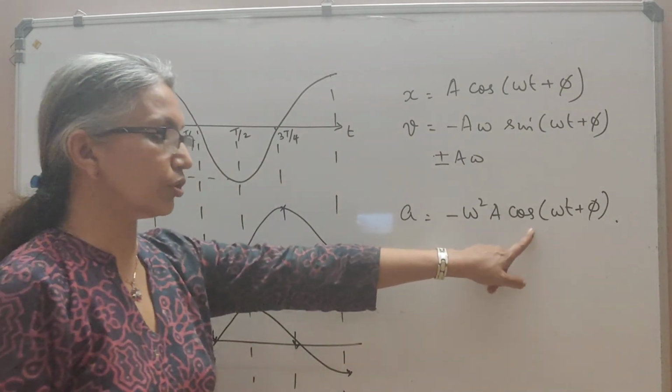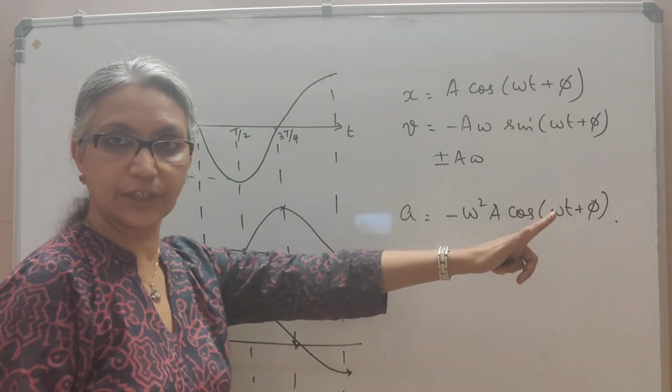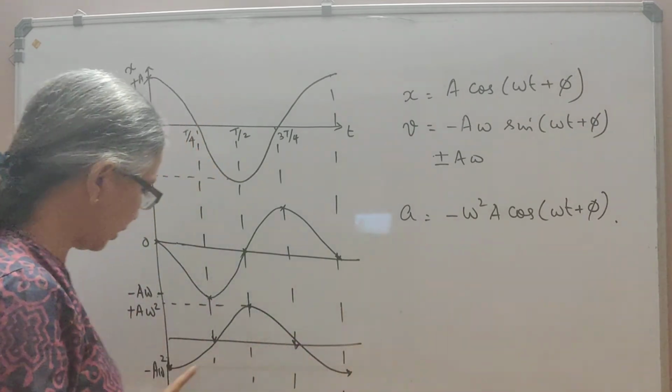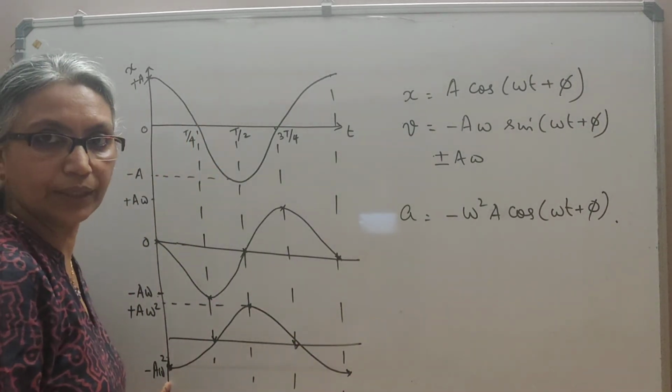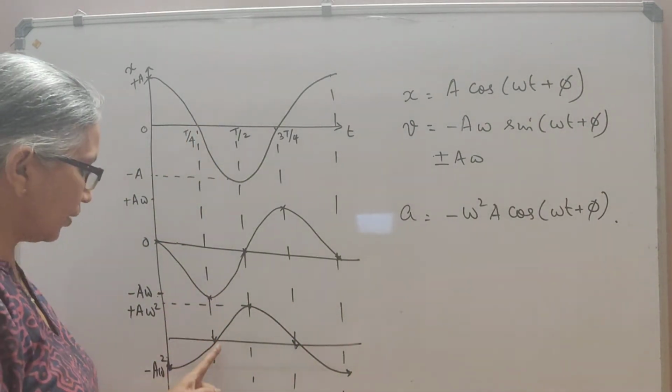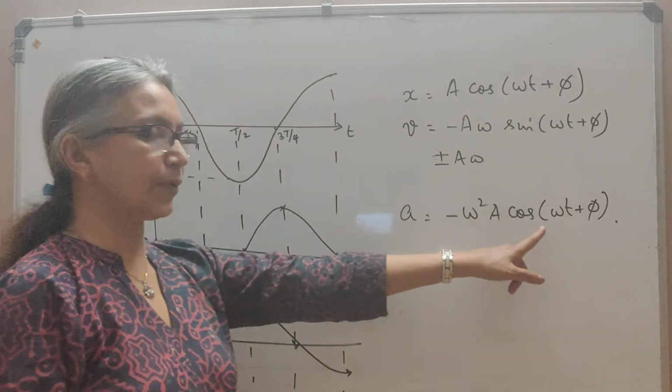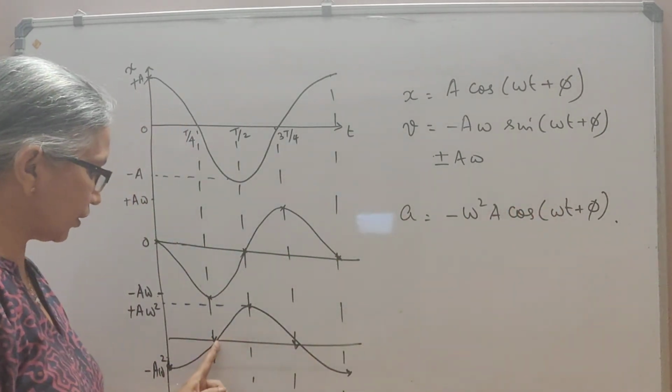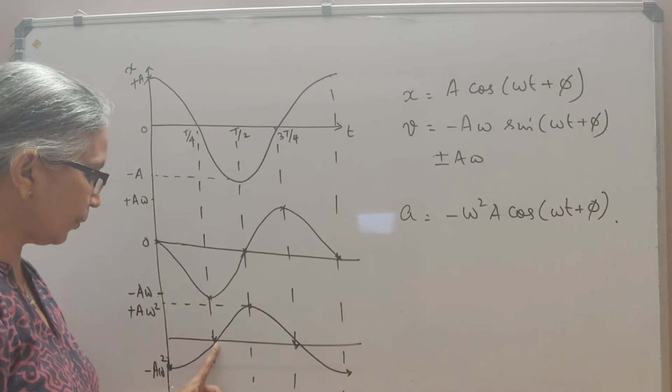At time t equal to 0, your cosine function takes the maximum value, but with the negative sign, it has -ω²A. Then at T/4, which is π/2, cos(π/2) is 0. So your function is here at the mean position.